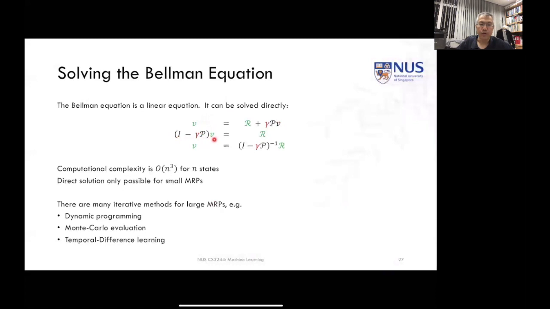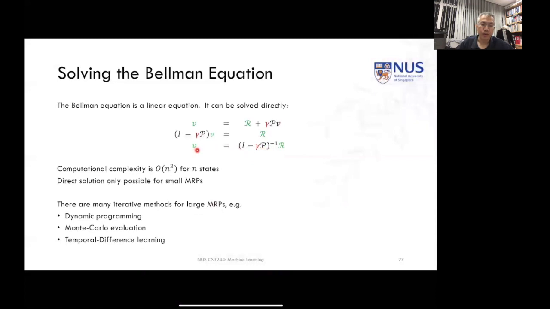Okay, in order to solve for v here, then I have to take this and pull it over to the other side. I can do that through a matrix inversion. So I end up with identity matrix minus the discount scalar times the probability matrix. All of that taken through a matrix inverse times our column vector of rewards, and that's going to give us our column vector of state values for being in a particular state.